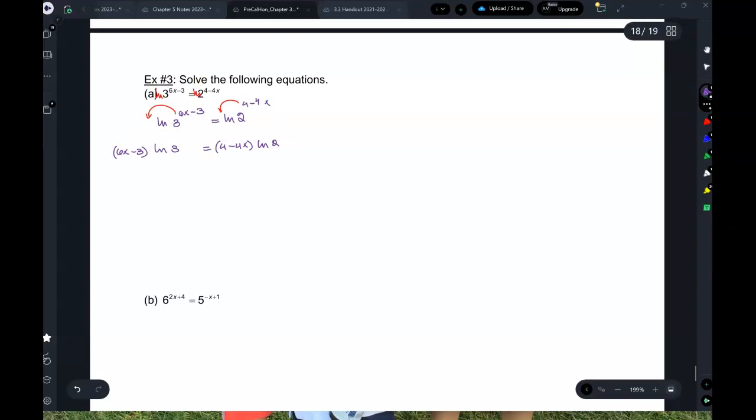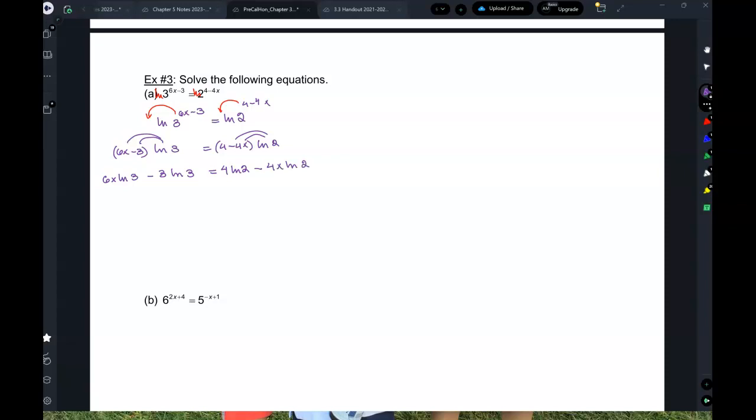Now I'm going to distribute the ln's into their respective buddies. So I get 6x ln of 3 minus 3 ln of 3 equals 4 ln of 2 minus 4x ln of 2.